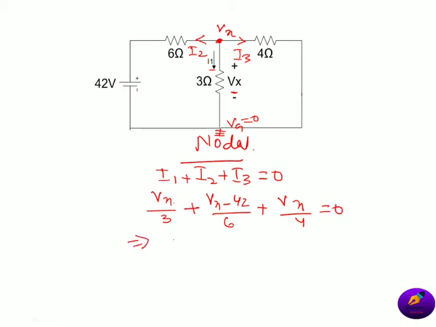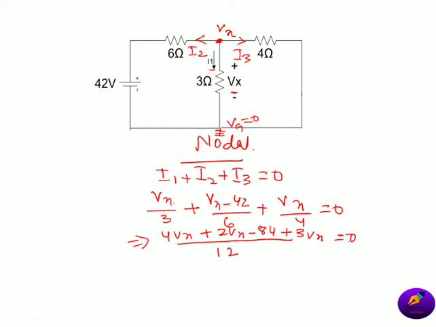In another step we will take the LCM, that is 12, and this will be 4Vx plus 2Vx minus 84 plus 3Vx equals 0.